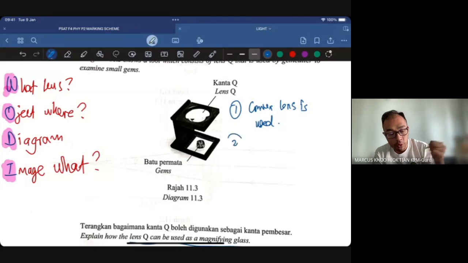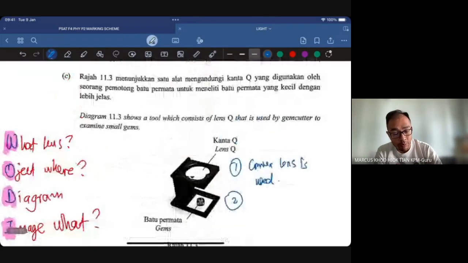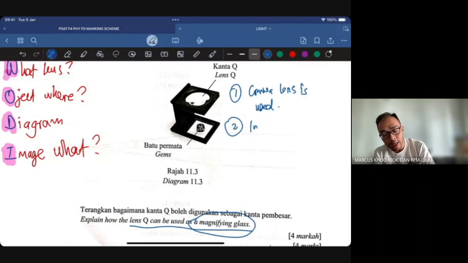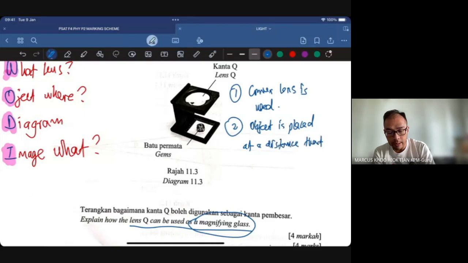Point number 2, where do you put the object? We want to use it as a magnifying glass. The object is placed at a distance that is less than the focal length.